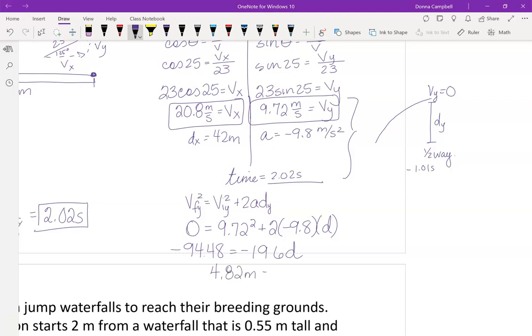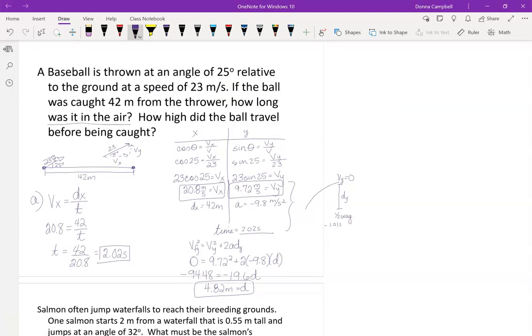So it reached a height of 4.82 meters, and it is positive. That should make sense because it's above the ground. How long was it in the air? I got the total time using the x information. I could have used the y information. And then how high did it go? That was all about the y. I didn't even have to use the time. I could have, but I chose not to.